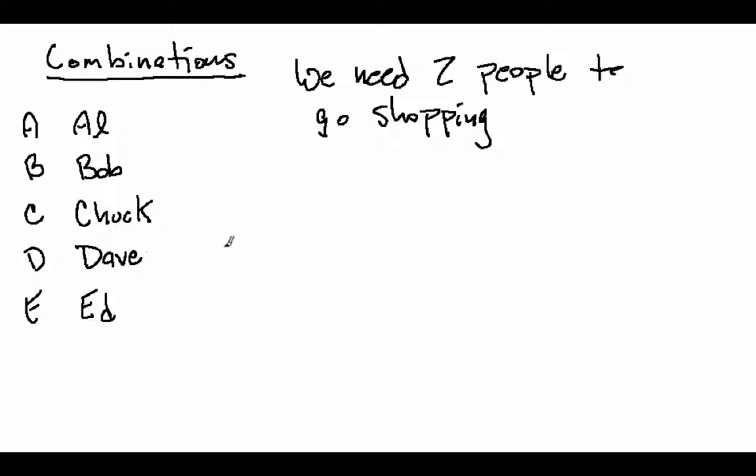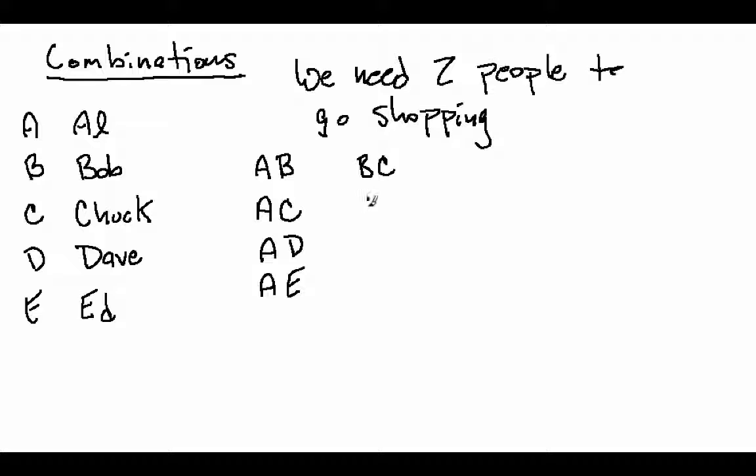Well, first of all, let's think about that. I could group Al with Bob. I could group Al with Chuck. I could go Al with Dave. I could go Al with Ed. Okay. I could go Bob with Chuck.